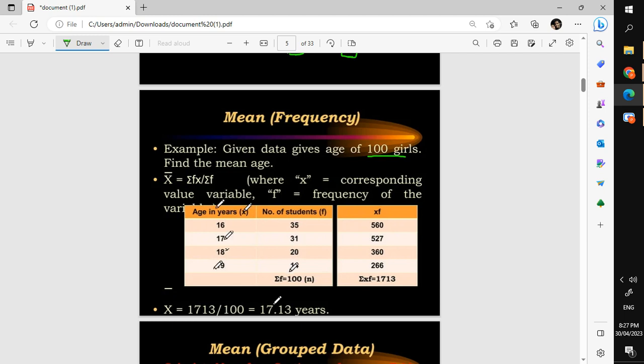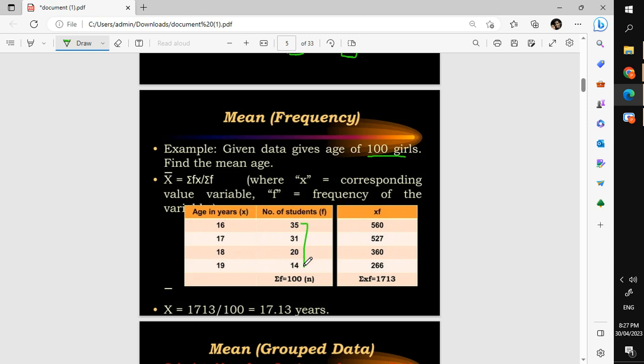The second column is the frequency, or the number of students. The third column is the product of the values in the first and second columns. When you read this, there are 35 girls who are 16 years old, 31 girls are of age 17, 20 girls are of age 18, and 14 girls are of age 19.